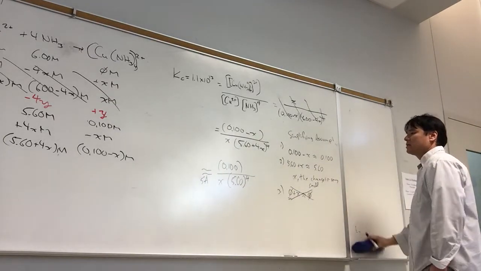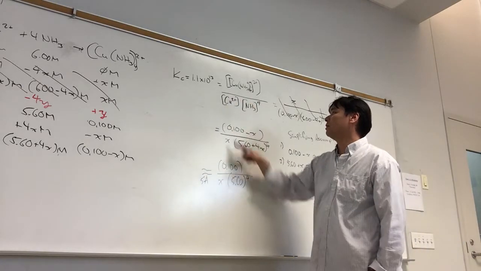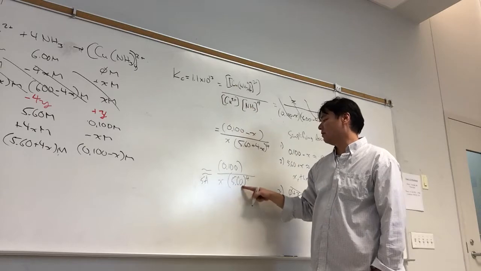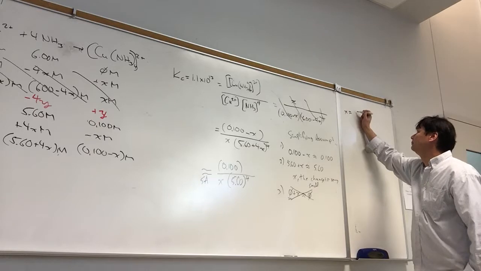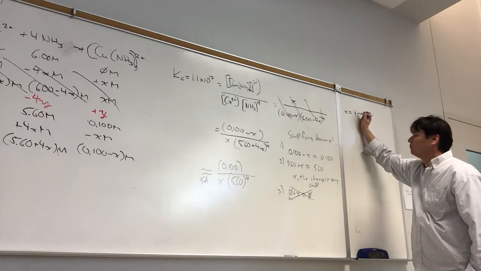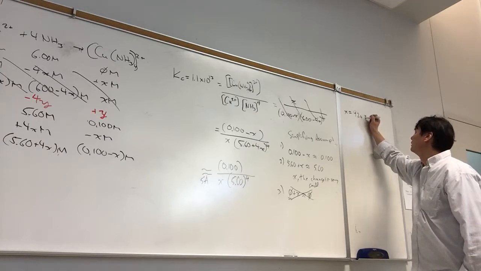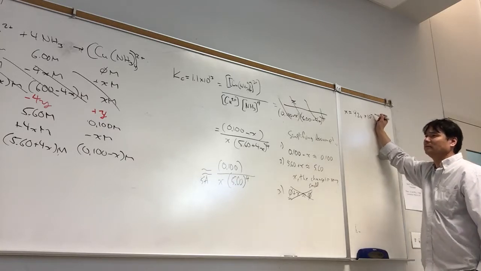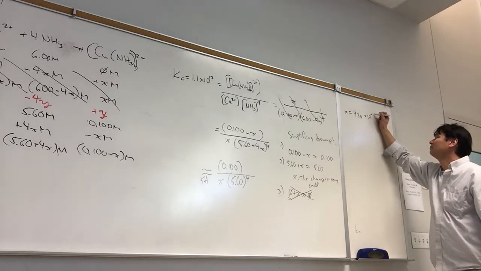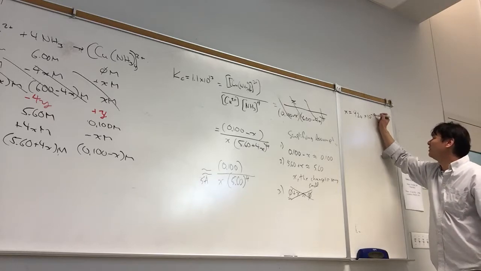Let's calculate what x is here. x is a simple calculation because x is just equal to 0.100 divided by 1.1 times 10 to the 13, divided by 5.6 raised to the 4th power. And x comes out to... punch it out on your calculator.